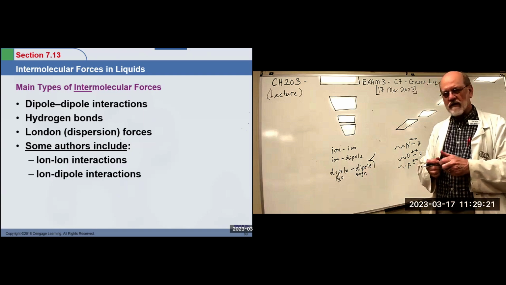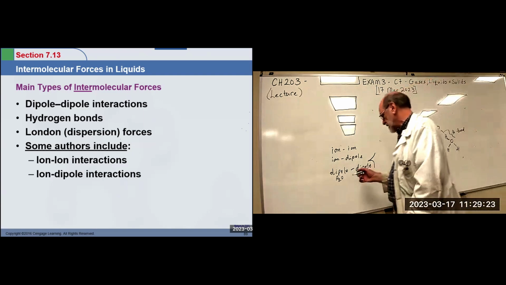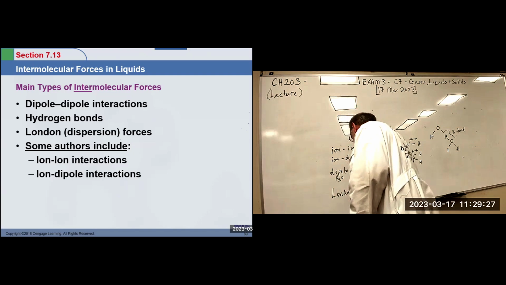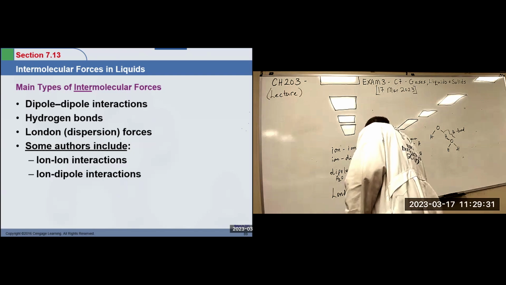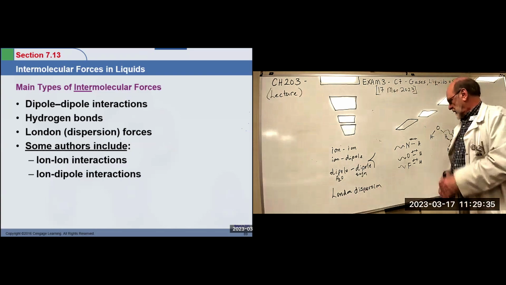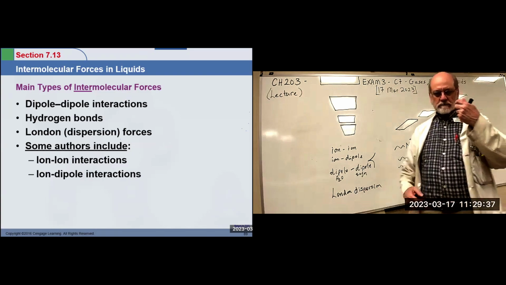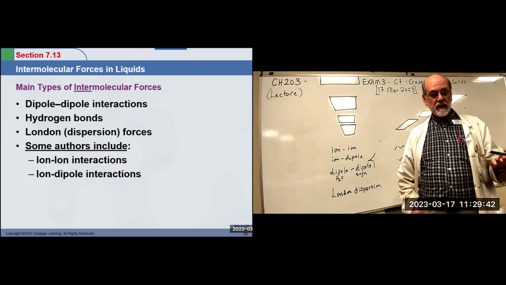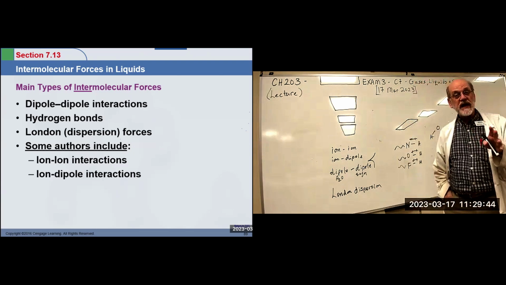Then we have one that's very, very weak. It's called London dispersion, London dispersion forces. How do we know that they exist if they're so weak? Well, in fact, they exist all the time.